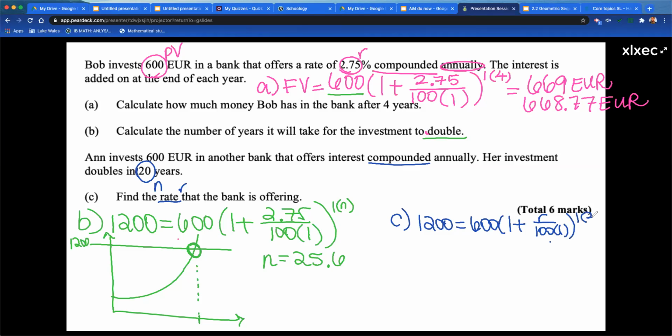1 plus R over 100 times 1, to the power of 20. Okay? You could do it the same way. You could graph it, or you could solve it as a regular equation by dividing by 600. That gives you 2 equals 1 plus R over 100 to the 20th power. To solve for R, I would need to take the 20th root of 2. I would get a decimal.